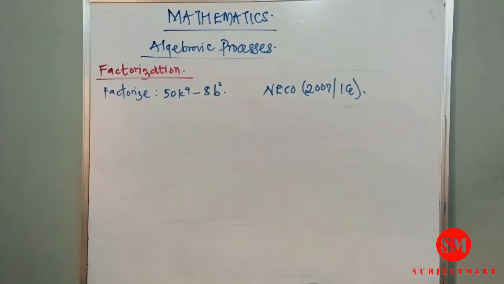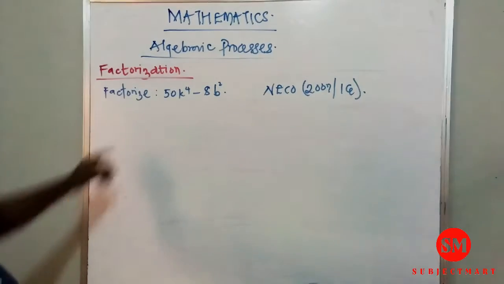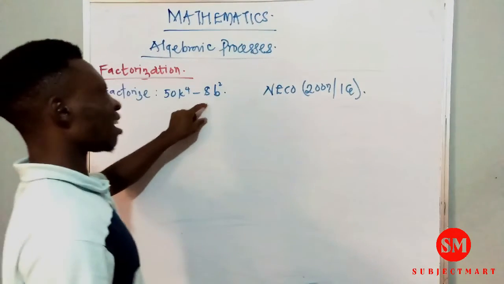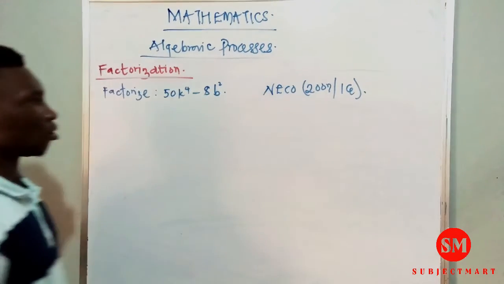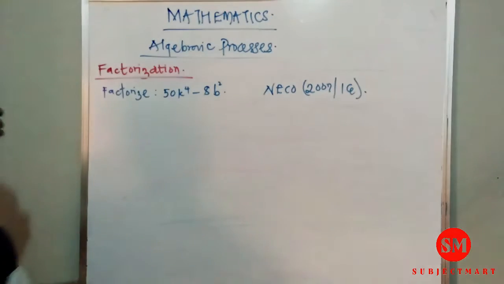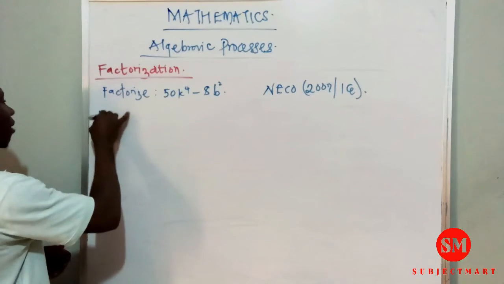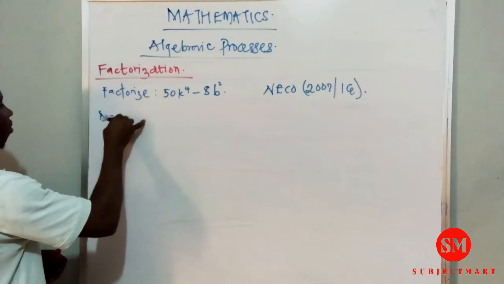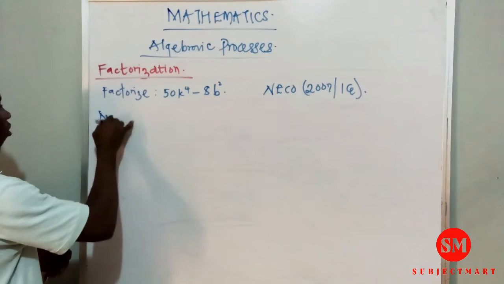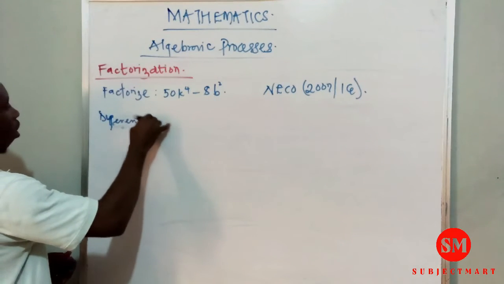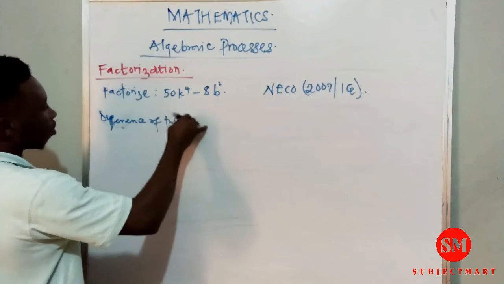So, pay close attention to this. Factorize 50k raised to the power 4 minus 8b raised to the power 2. Now this question, first and foremost, is going to open us to what they call the difference of two squares.